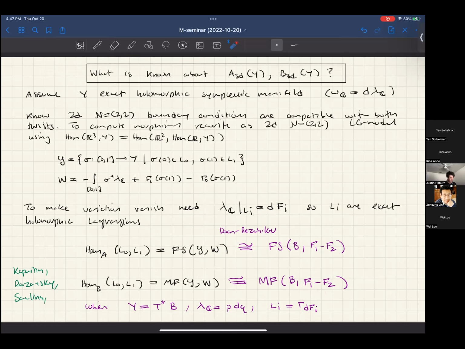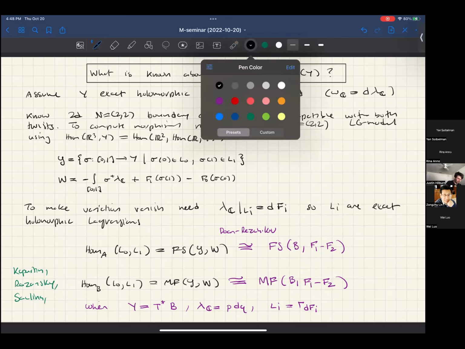This is basically some sort of infinite dimensional Knörrer periodicity type reduction. But anyway, you get this very nice symmetry: when you're taking Homs between graphs of one-forms, in the A-model you get Fukaya-Seidel categories, and in the B-model you get matrix factorizations.